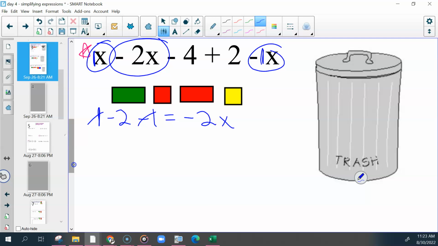Shortly, we're going to stop doing this process and just kind of combine them in our heads. Negative 4 plus 2. What would that give us? 2.